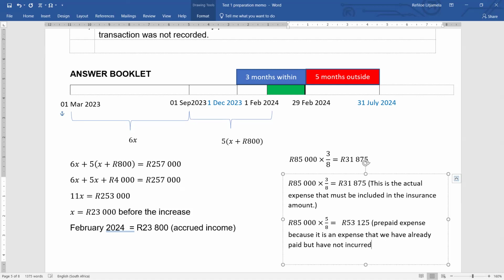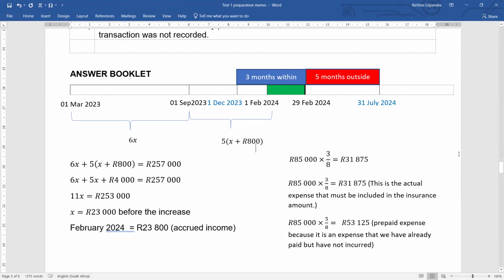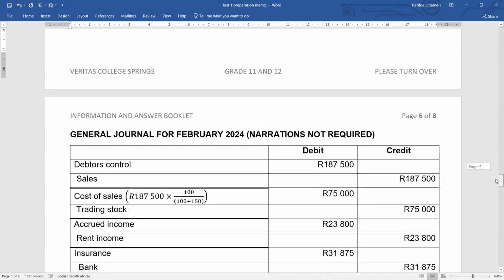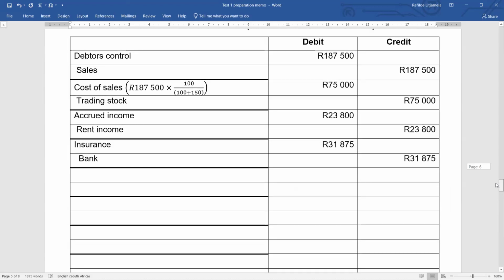Prepaid expense is an asset because the money that we have paid in advance is owed to us. With respect to insurance, it means that they must cover us in those 5 months.